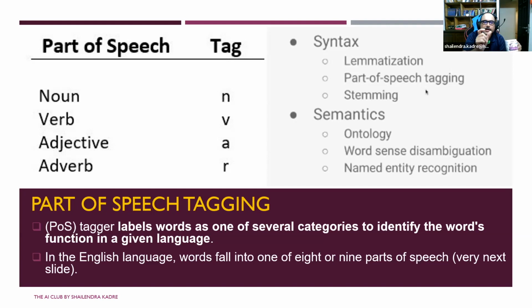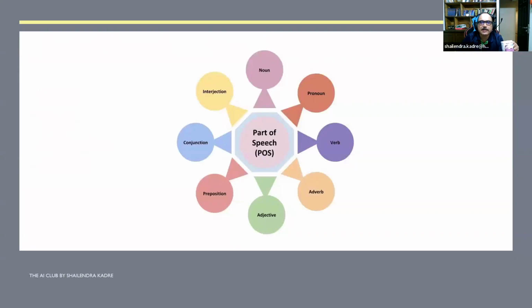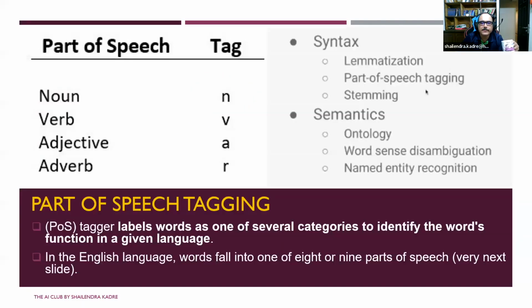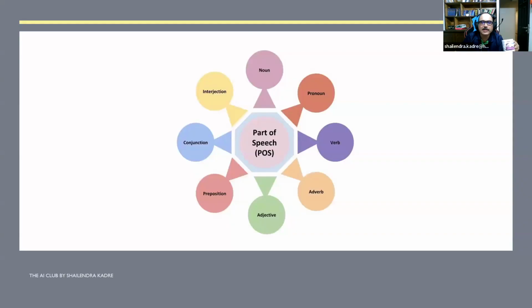The word can be a noun, a verb, an adjective, or an adverb. The main categories are noun, pronoun, verb, adverb, adjective, preposition, conjunction, and interjection. These are the main categories under which part of speech tags are divided.